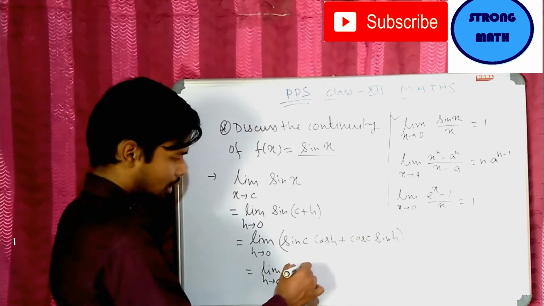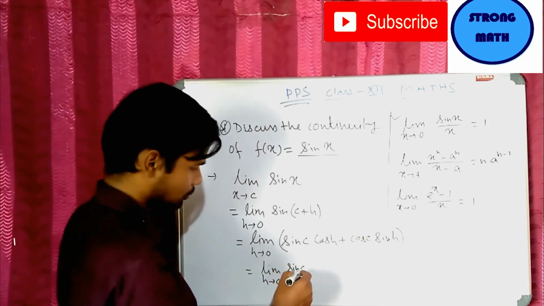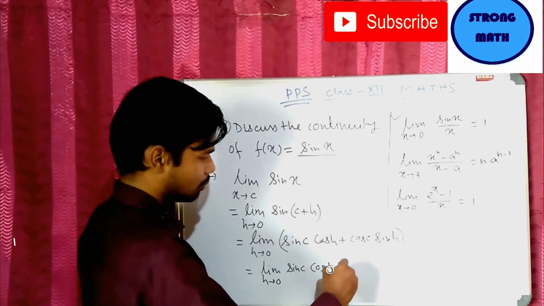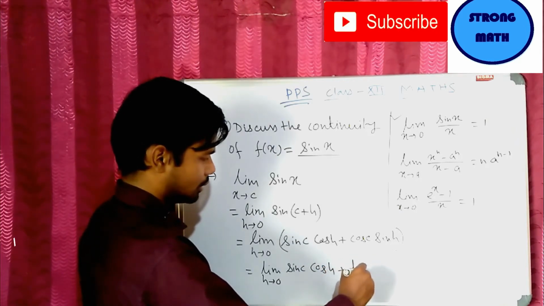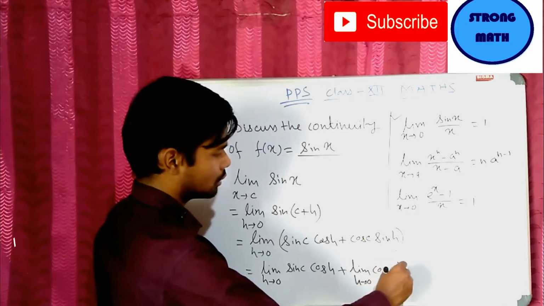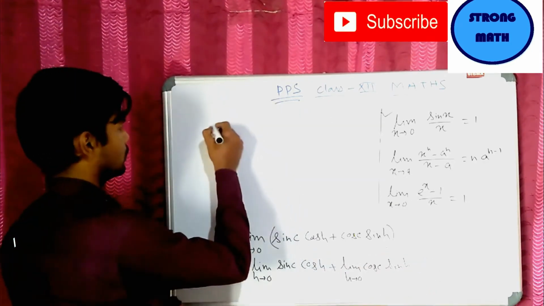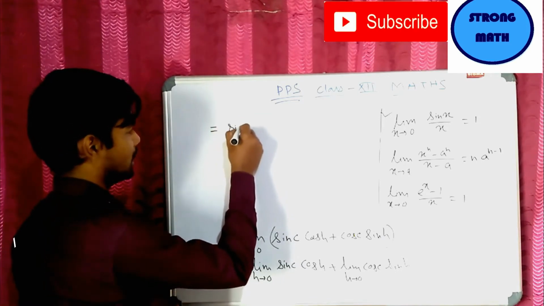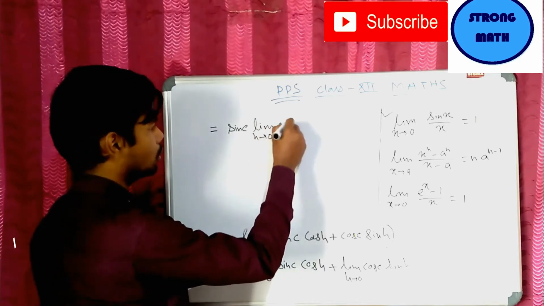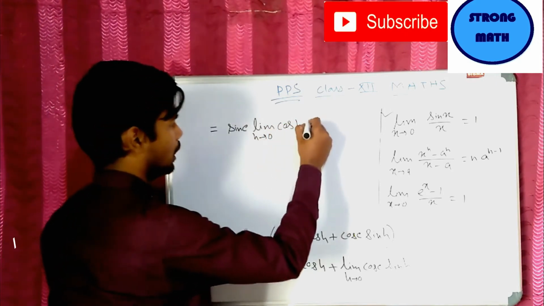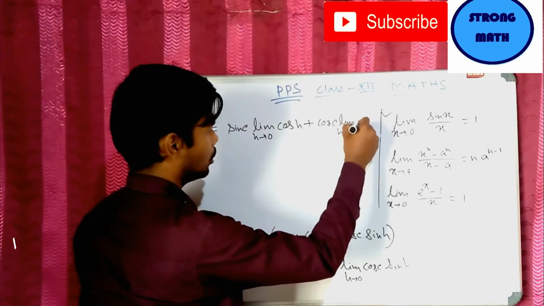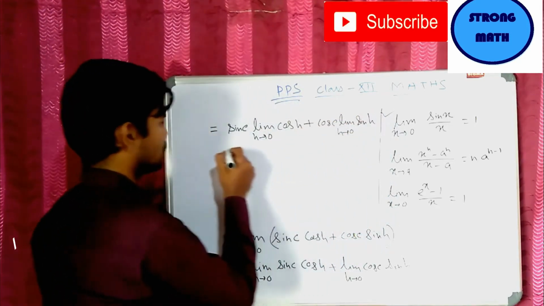At first let's break the function: limit h tends to 0 sin c cos h plus limit h tends to 0 cos c sin h. This equals sin c into limit h tends to 0 cos h plus cos c into limit h tends to 0 sin h.